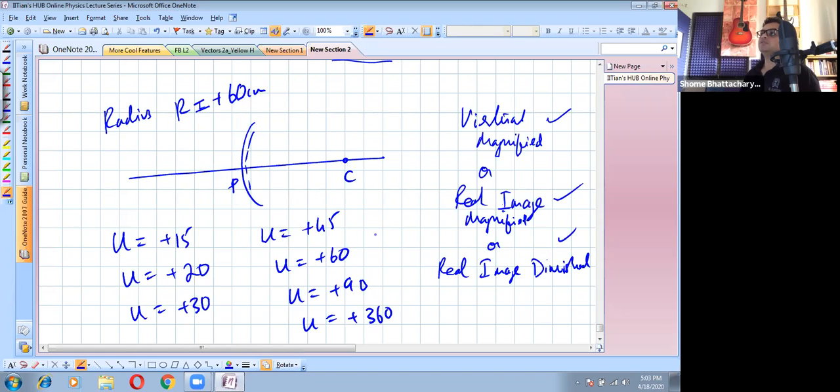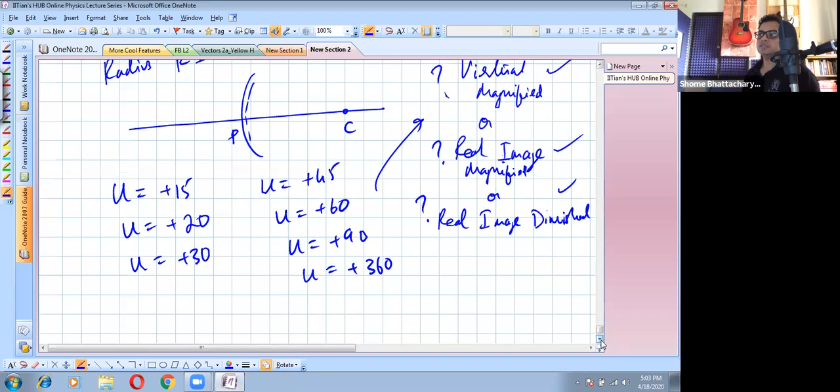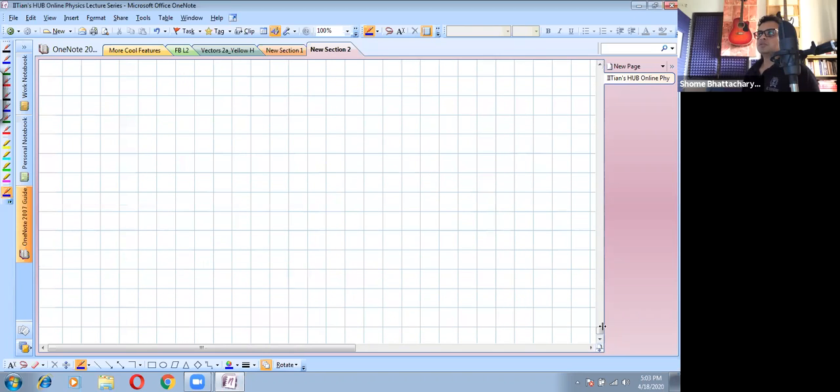So you will be able to see from this which of these are giving this, which of these are giving this, and you will understand the different cases. So that is something interesting, but at the same time a little lengthy for you to work out. So you do this as a homework exercise, and you will learn a lot about ray diagrams and things like that also. Okay. So this is more or less about mirrors.